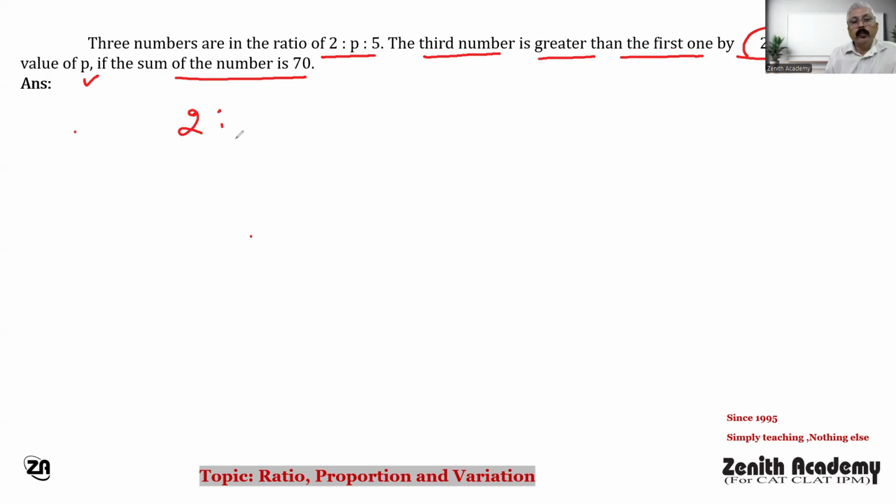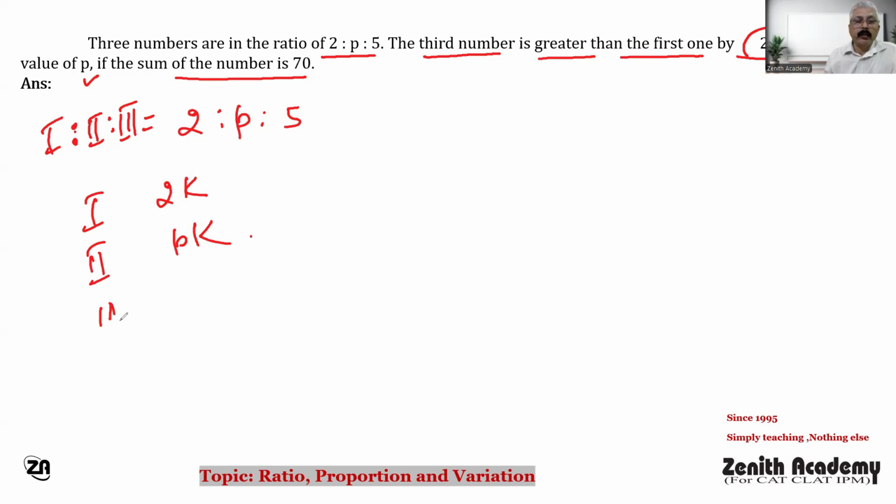Ratio of three numbers: first you can take 2k, second number pk, and third number 5k.